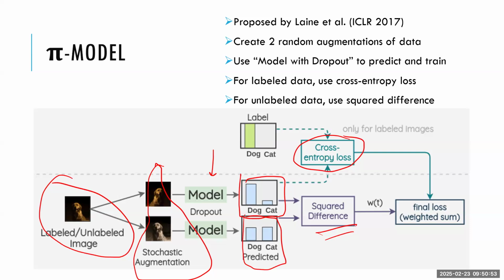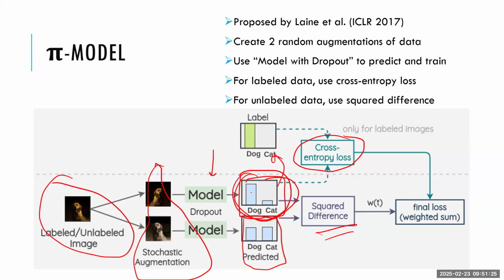right? So basically, for labeled images, whatever you get, you compare it with the ground truth. For unlabeled, you will try multiple augmentations, like you flip the image, you rotate the image at different angles, and each one of them will produce a different answer distribution.